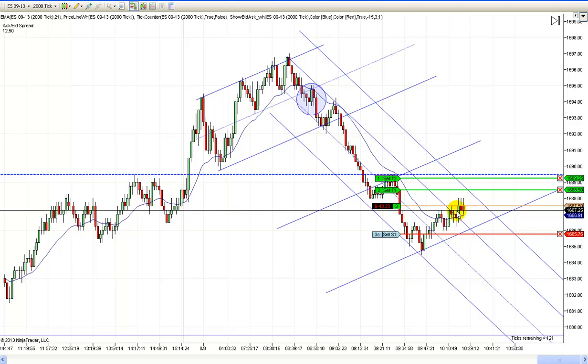And really we broke through this side and we didn't come back and test it, but you see we pulled back there and now they're trying to take it up again. That doesn't surprise me because this looks like congestion, and generally when you break out of it, it snaps back and tests it before going higher.